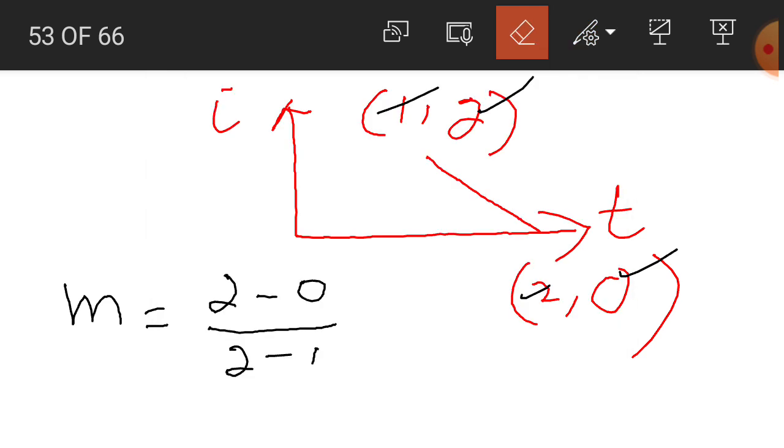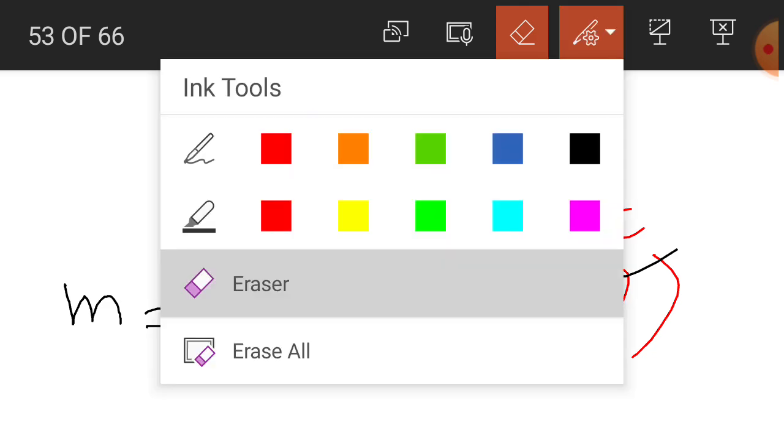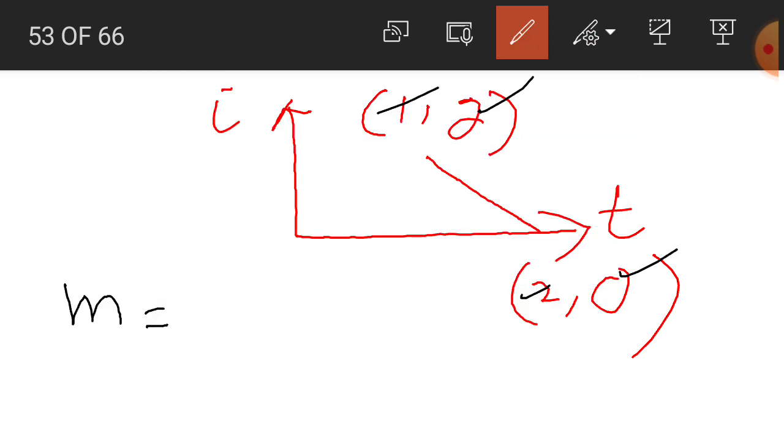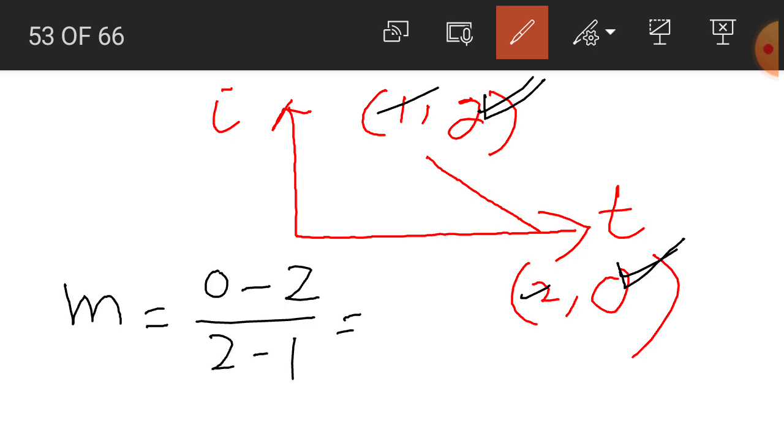Let me erase the slope over here. So I have I2 minus I1. So I2 is 0 and I1 is 2. So I have 0 minus 2. Sorry, I wrote 2 minus 0. And then I have T2 minus T1, which is 2 minus 1. So the slope of this line is minus 2.